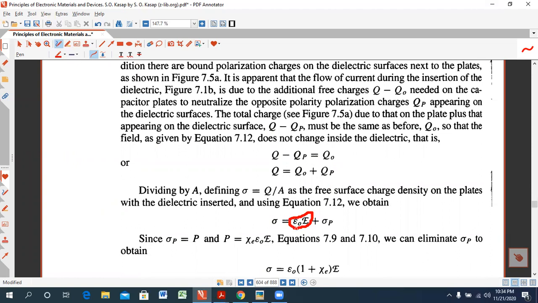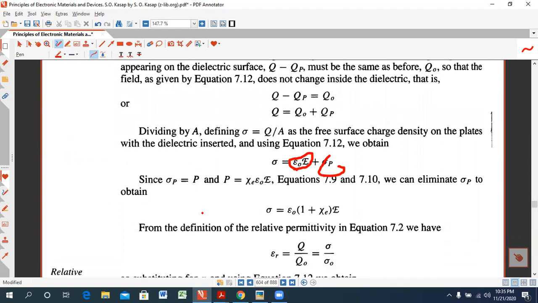It is the surface charge density in free space, and this one is due to the polarization. If we take the common factor, then sigma equals epsilon naught times 1 plus Xe. I think those who are doing research in semiconductors or material science have come across this sort of equation.